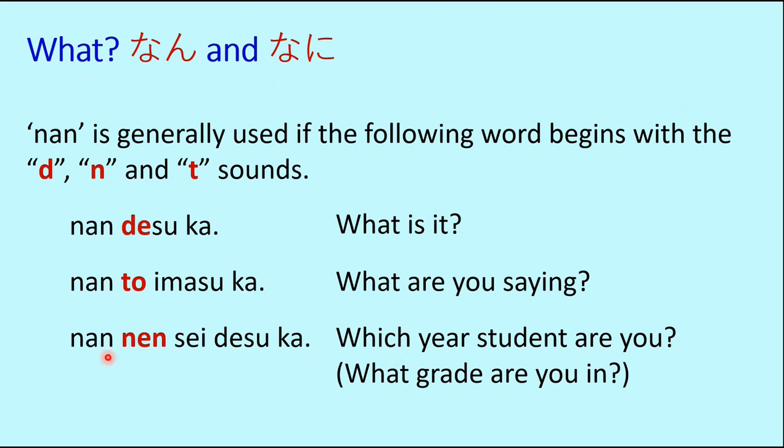Nan means what, nen means year, sei means student, and desu ka, as you know, is the to be verb, and ka is the question mark. Nannen sei desu ka. Here we have the ne sound, that's why it's nan. So nan desu ka, nan to imasu ka, and nannensei desu ka, all these will have nan and not nani based upon this generic rule.